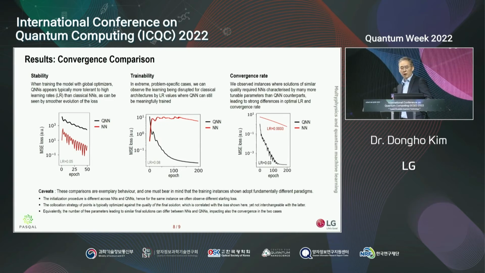Later we have to analyze why we have this better stability, better trainability and better convergence rate. That is what we are going to do later. So these are the 3 pages we have done. We get the information as a result from our algorithm.